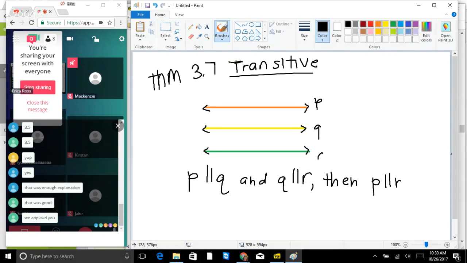So if two lines are parallel to the same line, then they are parallel to each other. So basically, theorem 3.7 is just a big parallel party, right? P is parallel to Q, Q is parallel to R, so sure, P will be parallel to R too.